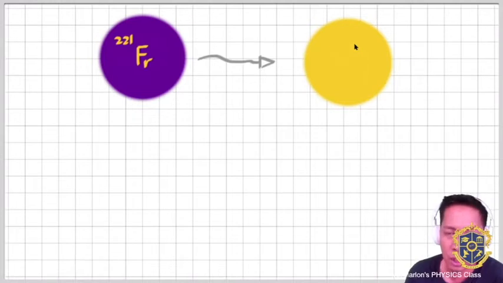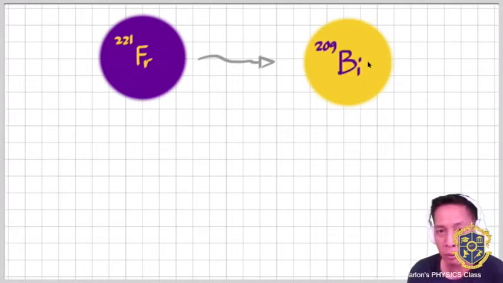But after some time, maybe we found a bismuth with 209 as its nucleon number. So what happens here is there should be a decay. The francium has decayed into a bismuth.